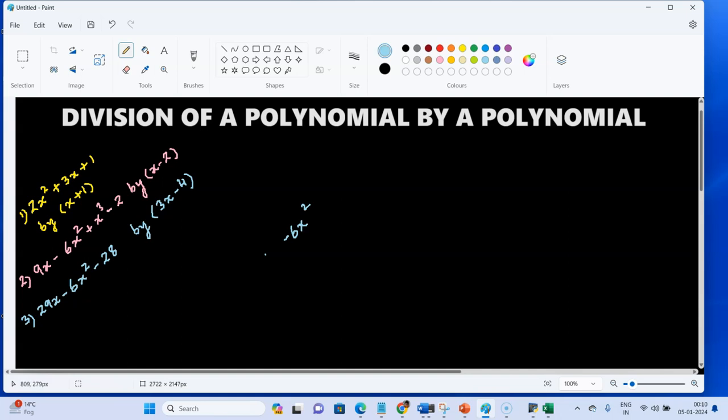So this is minus 6x square plus 29x minus 28. Okay, and the divisor is 3x minus 4.